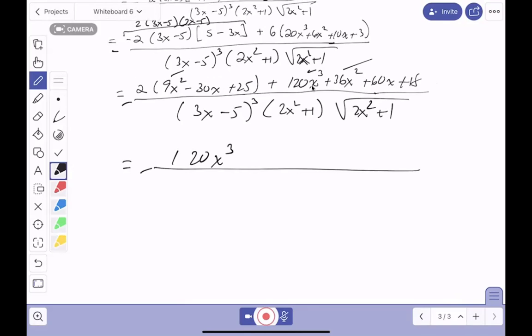That would be 18 and 36, 54x squared. Minus 60x plus 60x. Gee, that disappeared. That was good. 50 plus 18, 68.